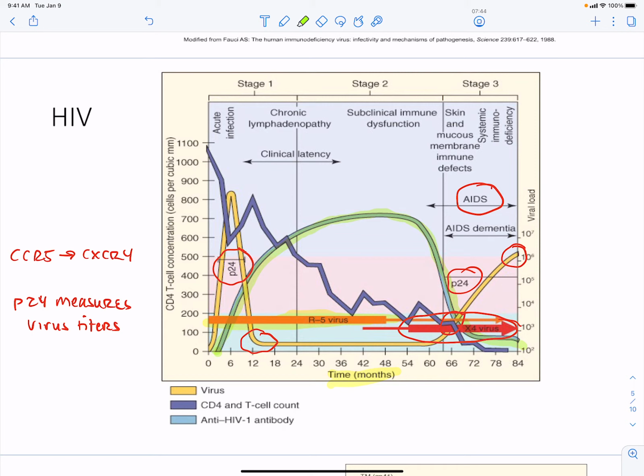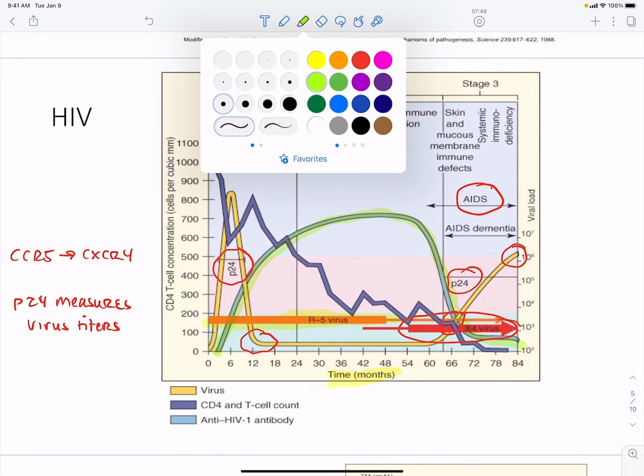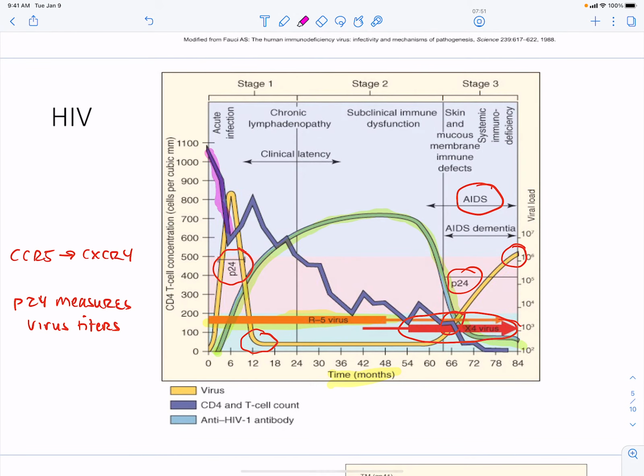Your CD4 T cell count is going to be initially high, and then as you progress, it's going to decrease, and when it gets below the threshold of 200 cells per cubic millimeter, you are going to progress to AIDS.